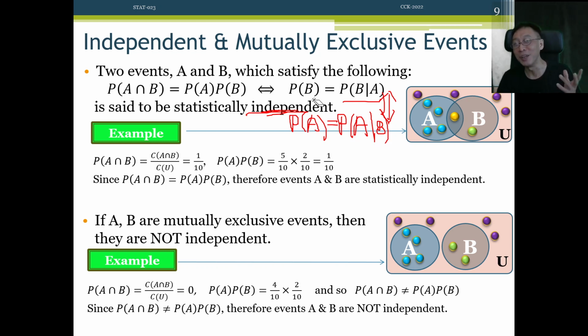Remember the COVID-19 example I gave? What's the probability of a person testing positive for COVID-19? P of B. What's the probability of a person testing COVID-19 positive given that he has just gone to the toilet?